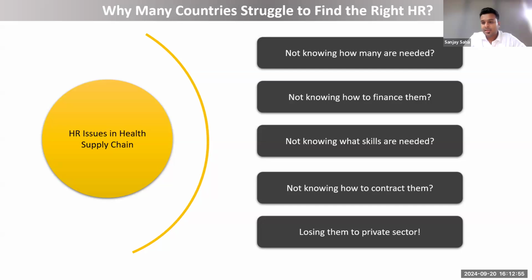So that is an issue. And then eventually what happens, a lot of these professionals who are skilled, the health system, the public sector loses into the private sector. And once they enter the private sector, very few come back because private sector gives them better salaries, better working conditions, a lot of the things.